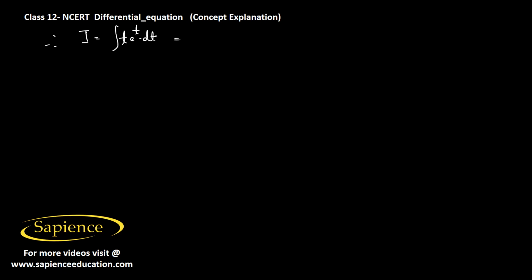Here again we have to use integration by parts, with the ILATE rule. The exponential function we take as the second function, and the algebraic one as the first function. So this would be t times integral e power t dt, minus integral of (d by dt of t times integral e power t dt) dt.